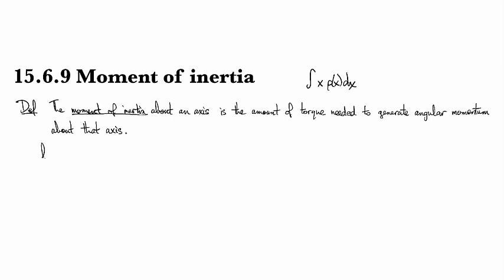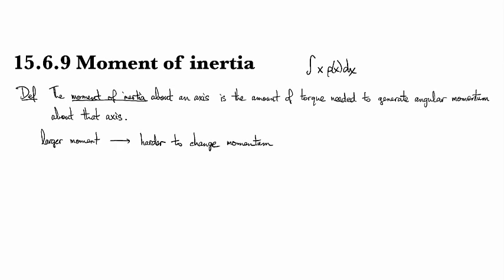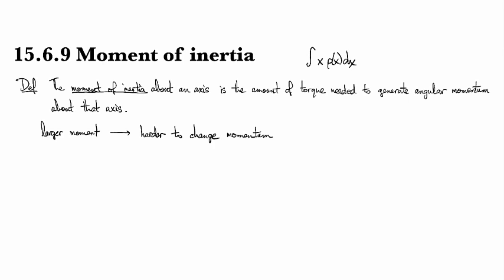Well, the idea is that if you have a larger moment, then that corresponds to it being harder to change momentum. And so just from your personal experience, consider that you have a hollow tube of PVC pipe of some length.